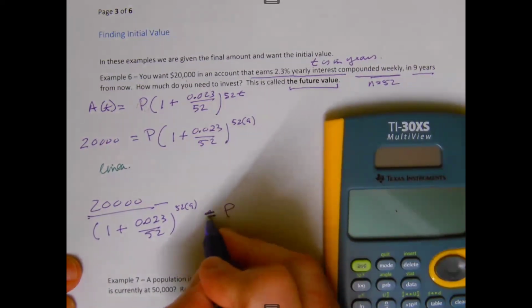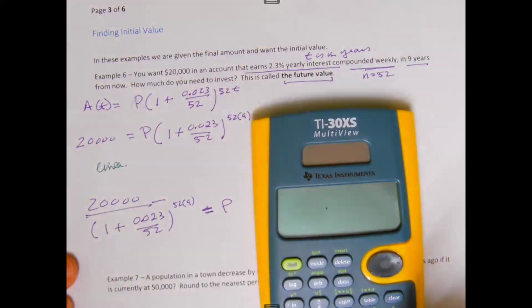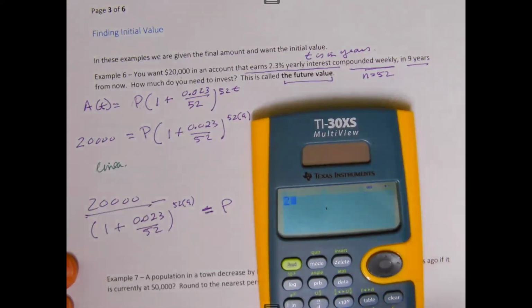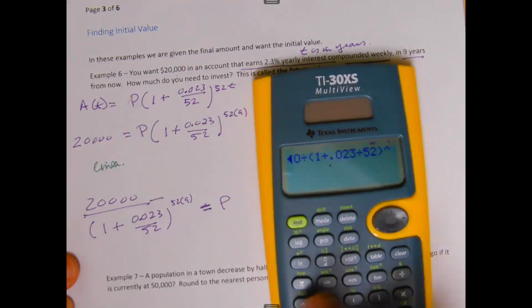Well, this is exactly P. Now I'm going to approximate this. So I enter this whole thing into the calculator. Clear this. 20,000 divided by, in parentheses, 1 plus 0.023 divided by 52, close it, and now raise it, I'm hitting the caret here to raise it.